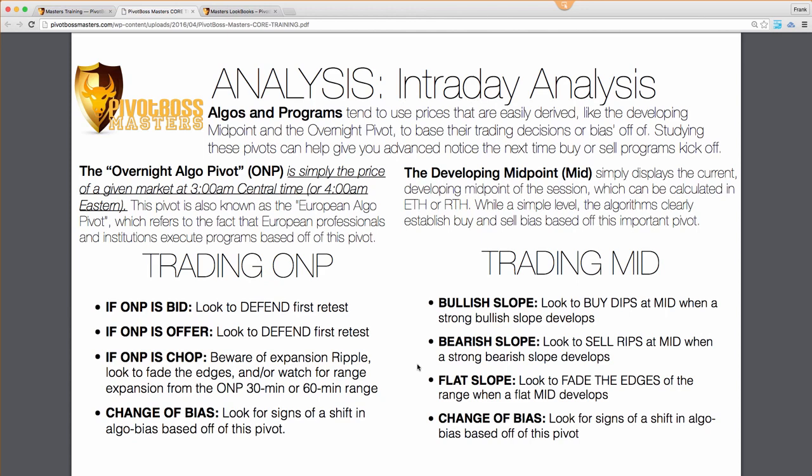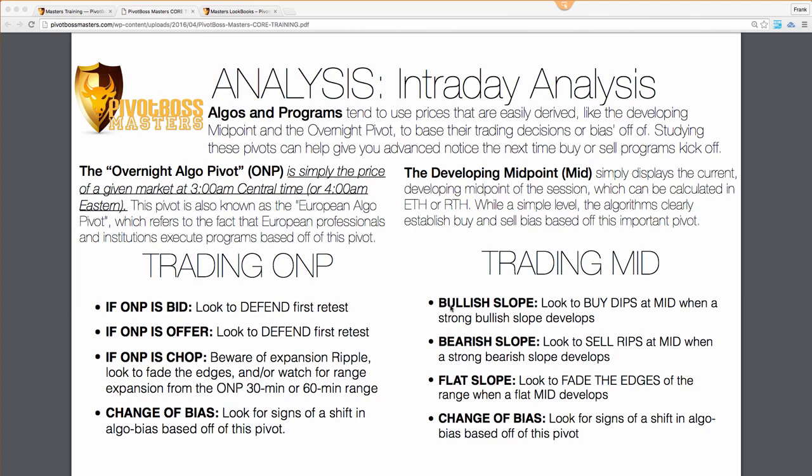And you can see the same thing across the way from bearish slope to selling the rips in a strong bearish trending market. And if the mid is flat, then watch it fade the edges. But keep an eye on a change of bias, because when a change of bias occurs around the midpoint, I think the stop run can be incredible. So you have to watch it closely.